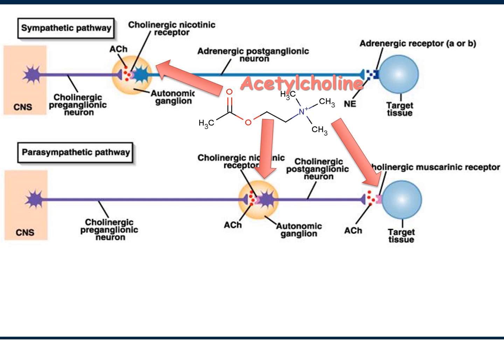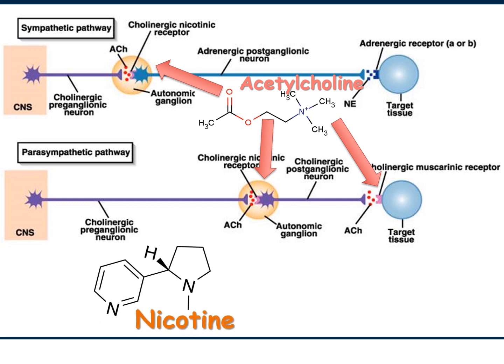A good rule of thumb, if you want something, is if you see the first synapse, and it doesn't matter whether it's sympathetic, parasympathetic, or even in the somatic, those all use acetylcholine, and they are all sensitive to nicotine. So the receptors in this ganglia right here, and in the synapse of the somatic motor neurons are nicotinic cholinergic receptors.